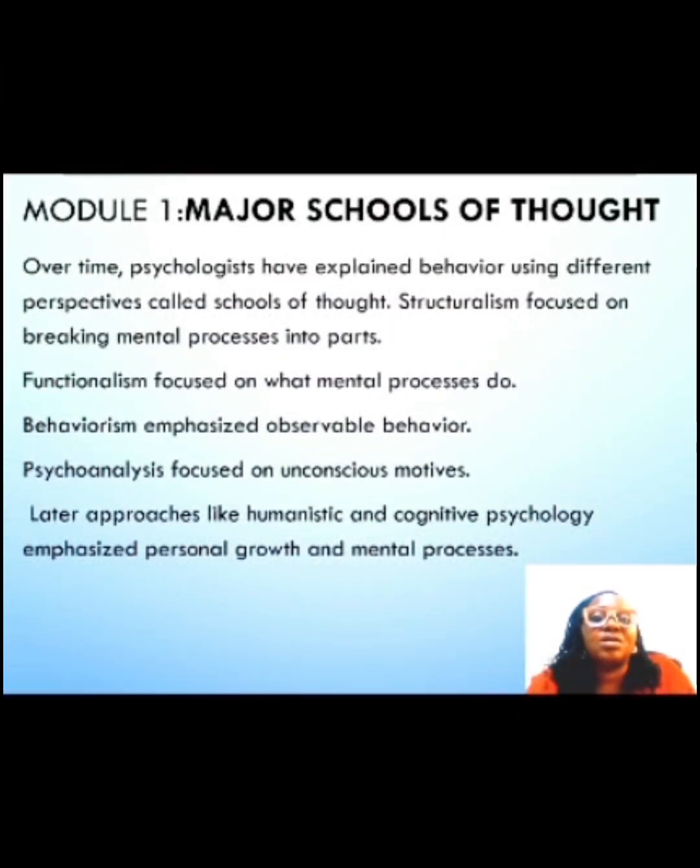Of thoughts, we have structuralism, functionalism, behaviorism, psychoanalysis, and humanistic and cognitive. Over time, psychologists have explained behavior using different perspectives called schools of thought. Structuralism focused on breaking mental processes into parts.